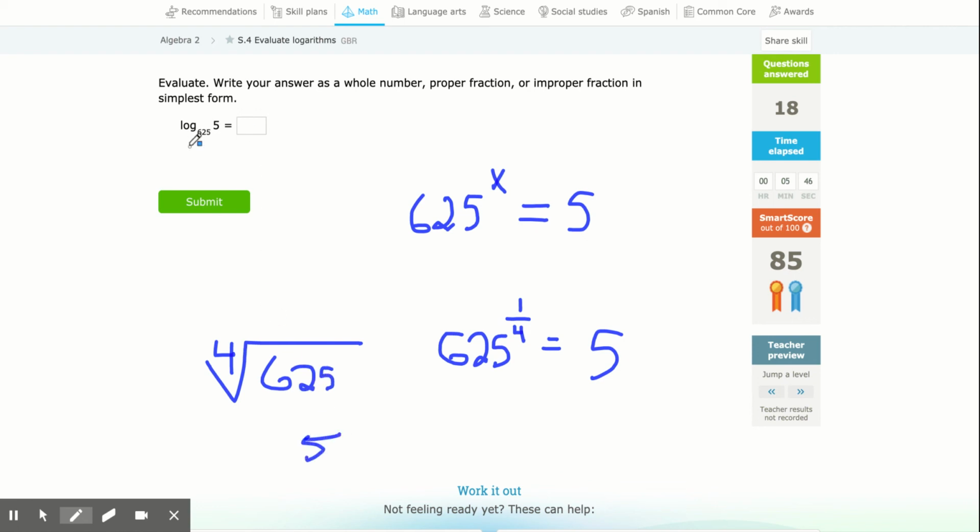And that's what it's asking for. It's asking for what root must I take 625 to get it to be 5? Well, it's the 1/4 power, because we write it as an exponent. 1 over 4, not 1 1/4. 1/4.